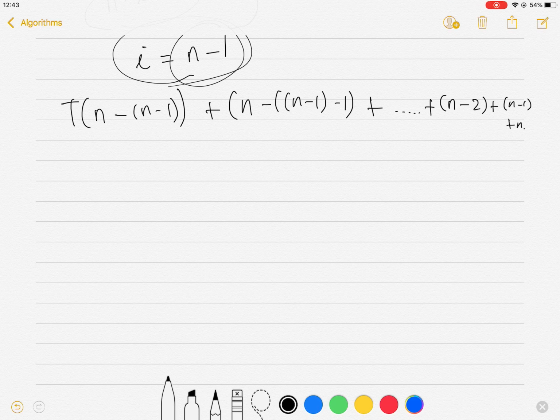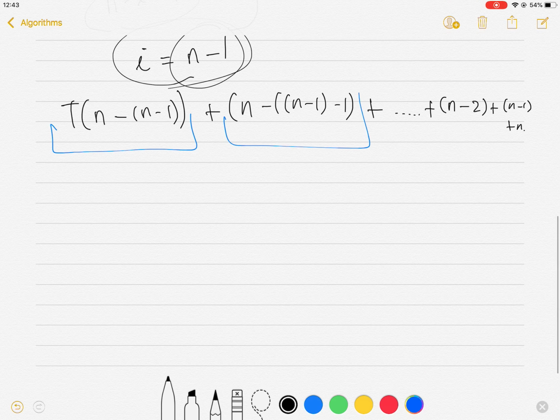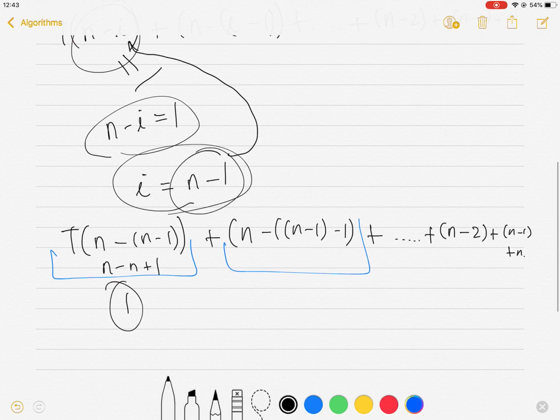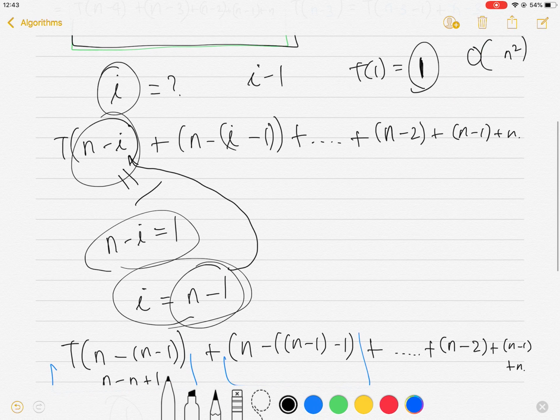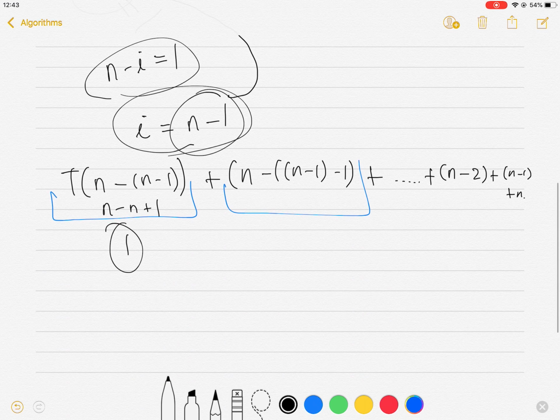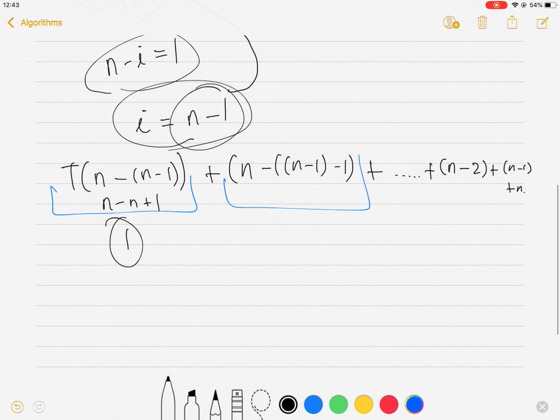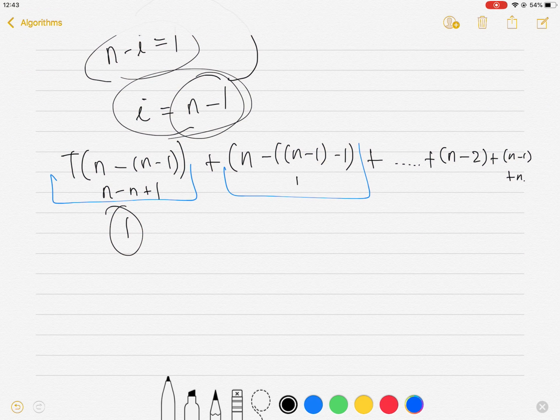So let's simplify these two. What do we get with this? This is n minus n plus 1, so this is just 1, which we already suspected right here. What is this one? This is n minus (n minus 1) minus 1, we do a negative operation, so the n's cancel out and we're left with 2.